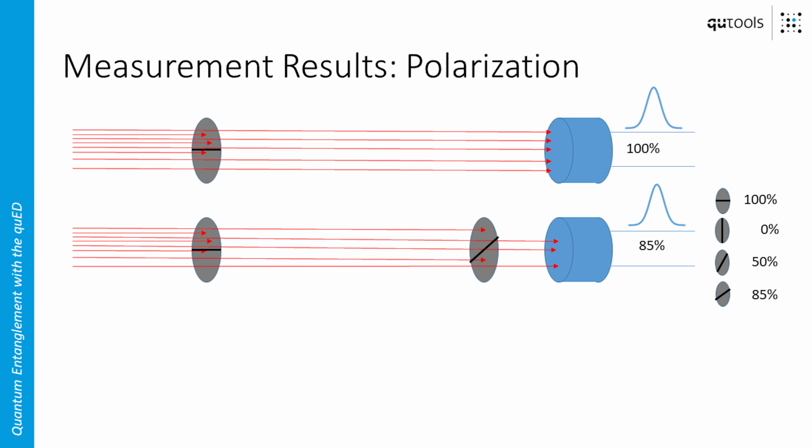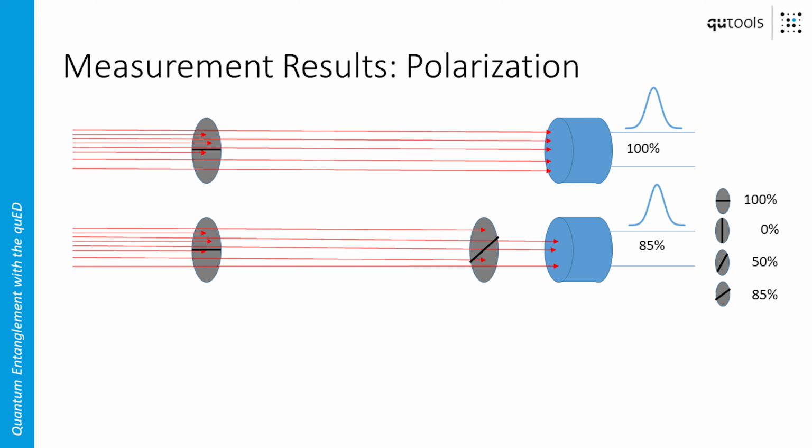If the polarizers are oriented in the same direction, then we get almost all the photons through. If they are oriented at a 90-degree angle, we get almost no photons through. At a 45-degree angle, we get 50%, and at a 22.5-degree angle, we get about 85%.